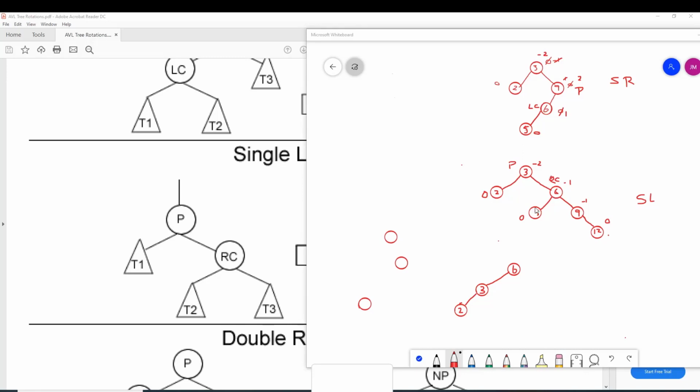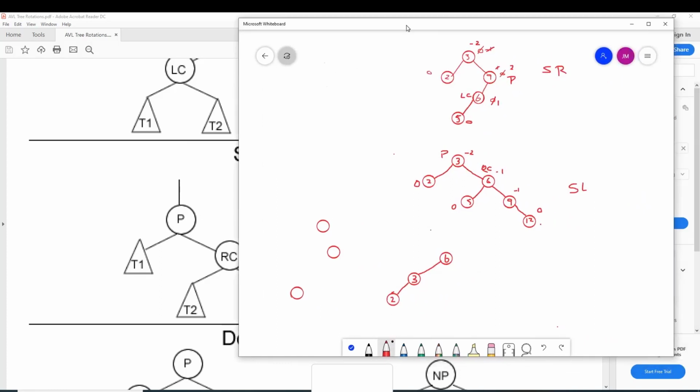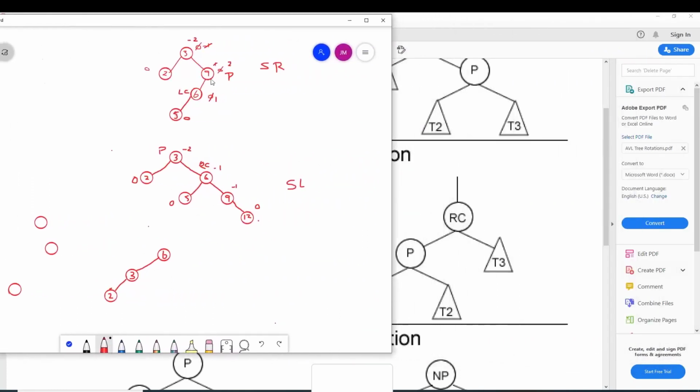Its left subtree was the number 5. Let's see what happened to T2. It is now the right subtree of the parent, and the parent was the one with number 3 in it. So T2 was this subtree here, the left of the right child, and it got attached to the right of the parent here.